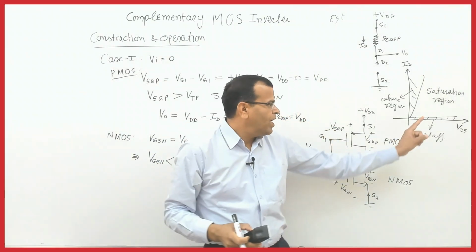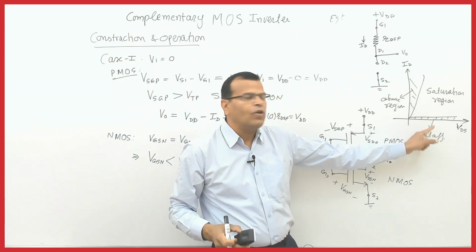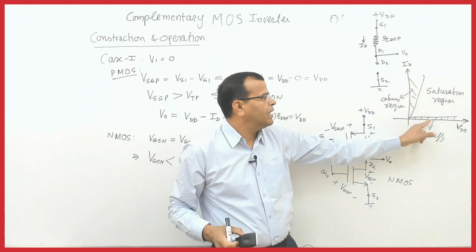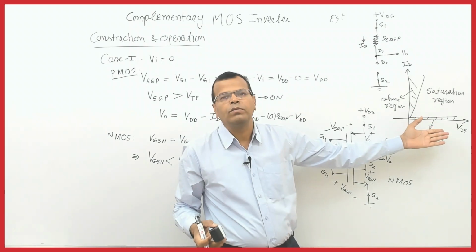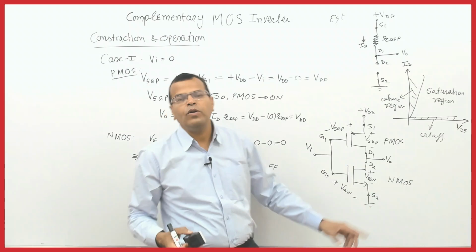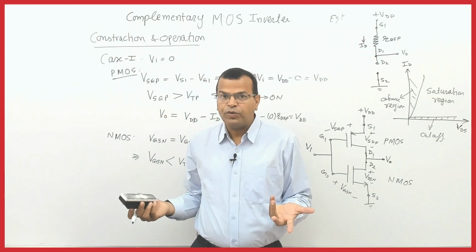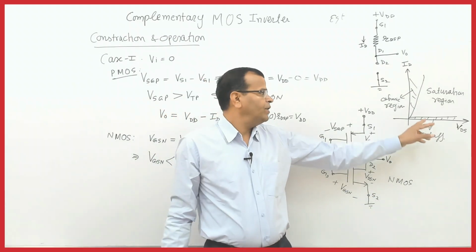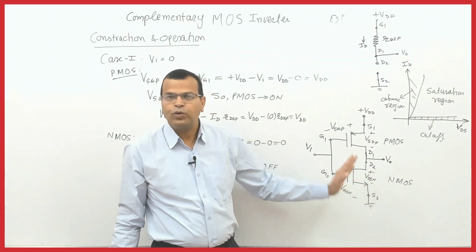Now when the device operates in the cutoff region, the drain current is almost 0. That is for this case. And when current is 0, that is just like an open switch. So in the cutoff region, a MOSFET works like an open switch.